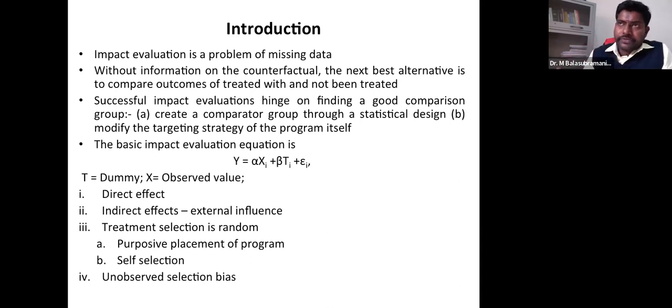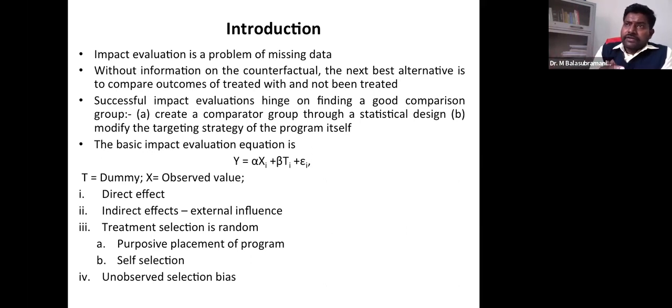It's already a purpose. Where the project is going to happen, who the stakeholders and beneficiaries are, and how and where, those questions can be answered because of this purposive placement of any program.